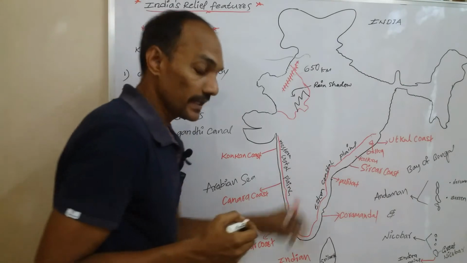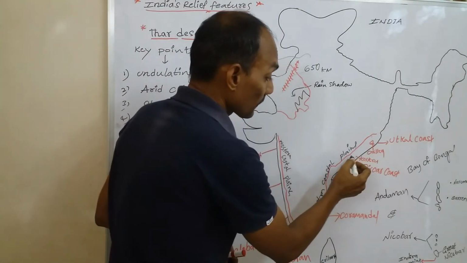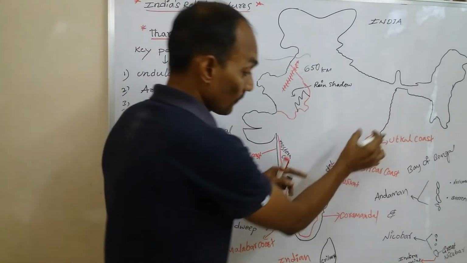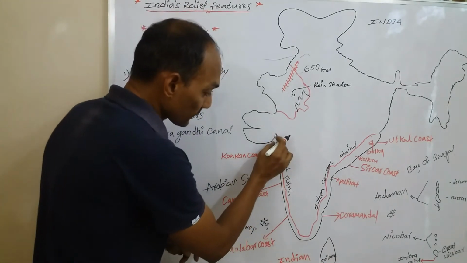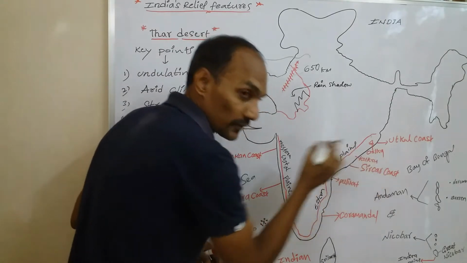Next, move to the eastern plains. These eastern coastal plains are very wide with a large surface structure. The west coastal plains are very narrow compared to the east coastal plains.